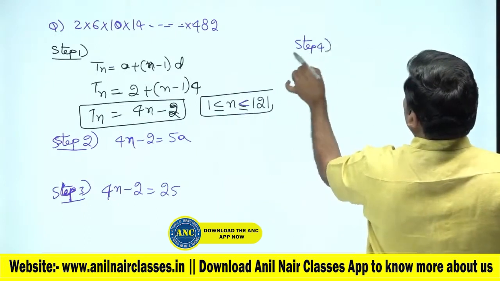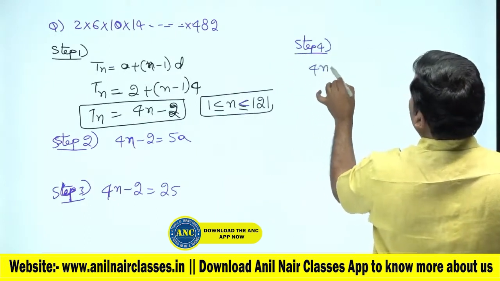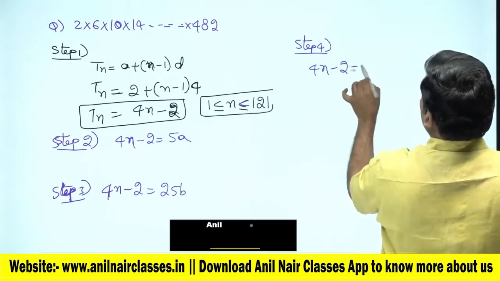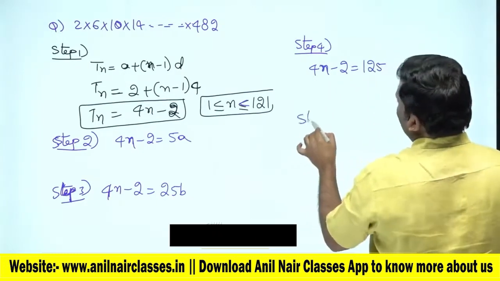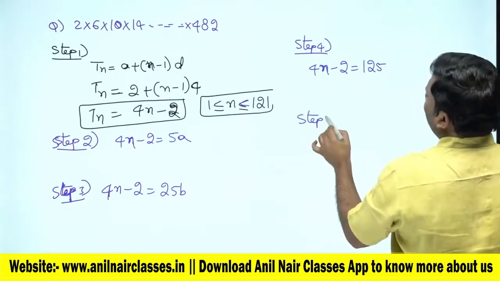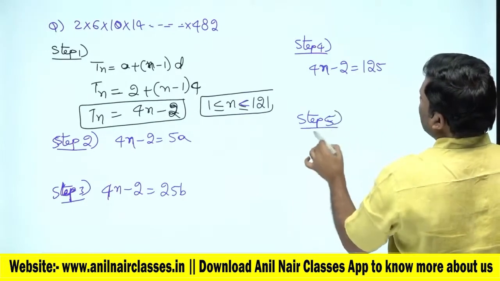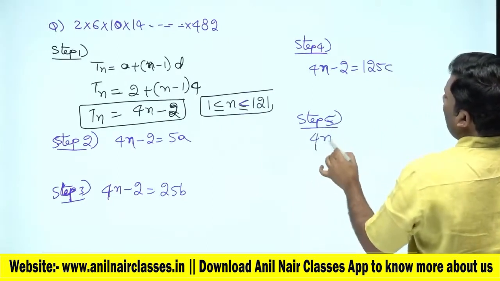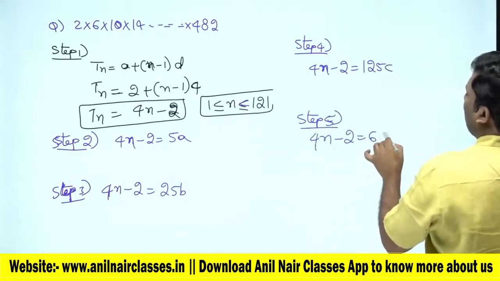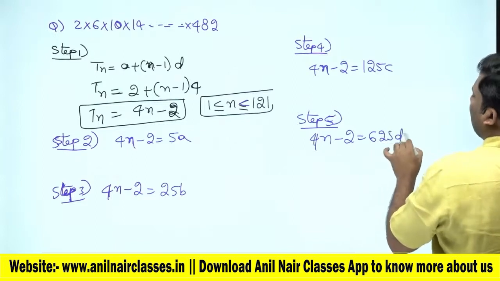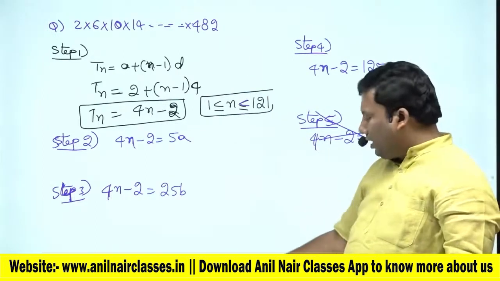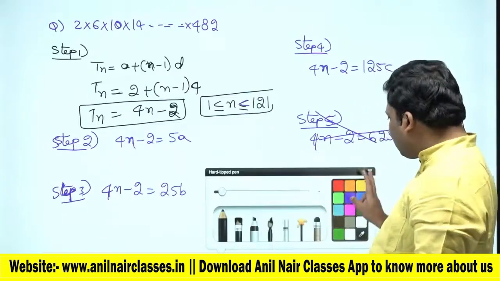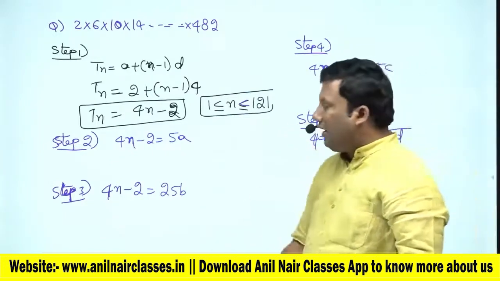It can take a multiple of 125. 4n minus 2 equivalent to 125c. Step number 5. It can take 5 power 4, which is 625. 4n minus 2 equivalent to 625d. This is not possible. Highest value is still 482. Now slowly, step by step, counting, be very careful, sir.